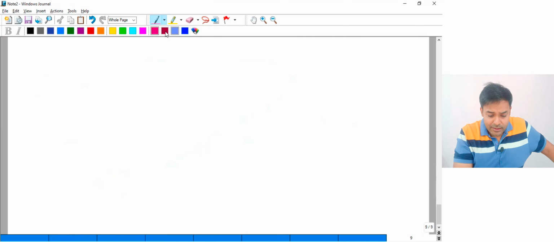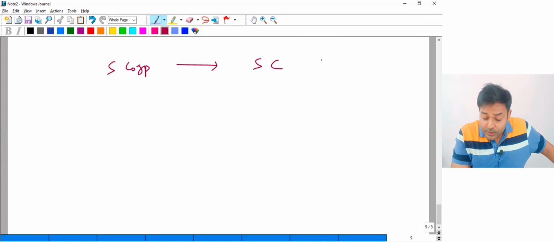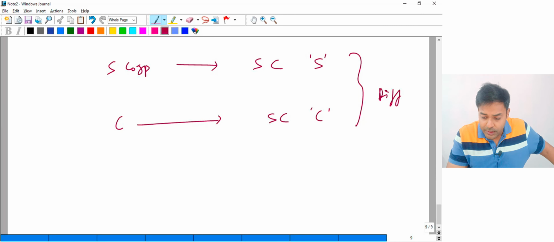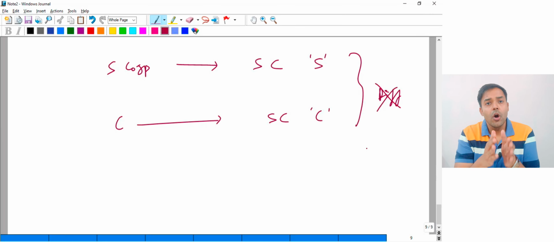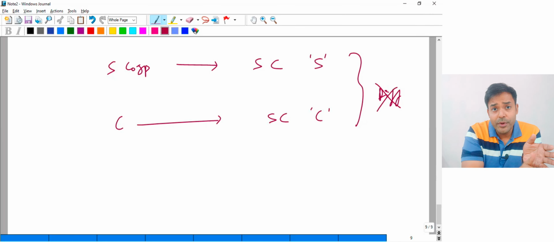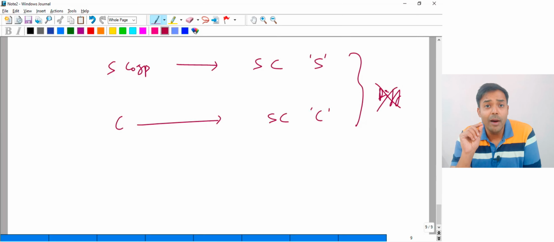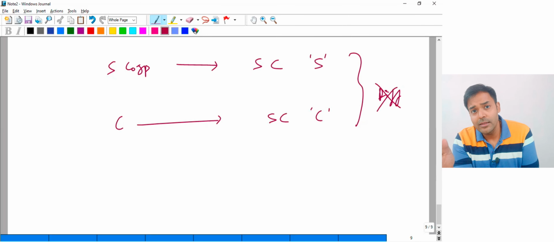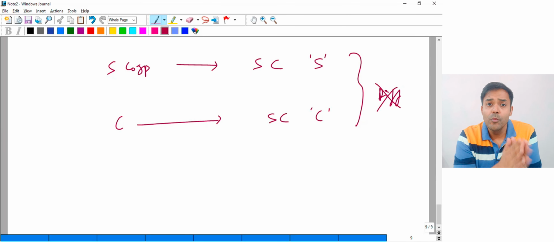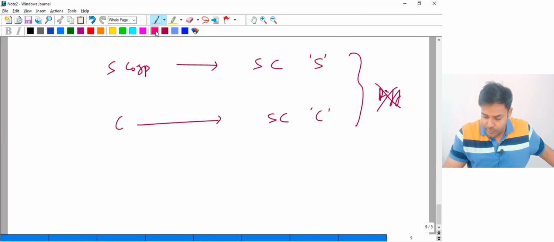Is it the case that the S corporation, which is governed by subchapter S, and the C corporation, which is governed by subchapter C, are very different? No. In fact, the majority of the sections of the C corporation will apply to the S corporation, barring some changes. Wherever there is some contradiction, there subchapter S will prevail. Otherwise, most of the laws of the C corporation will prevail as they are. So I'm writing a note on that. Please, you can copy that.